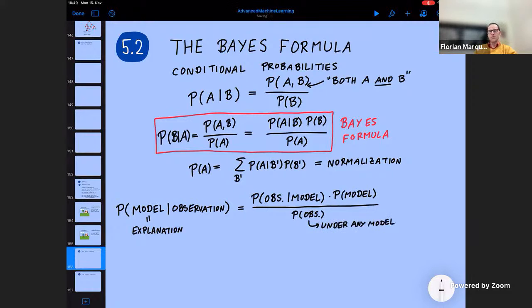Okay, so you see how that can become an update of our knowledge. Previously, we had some understanding, and we need to discuss this, but we had some understanding of the probabilities for various models of the world. And then afterwards, we update this given the observation.